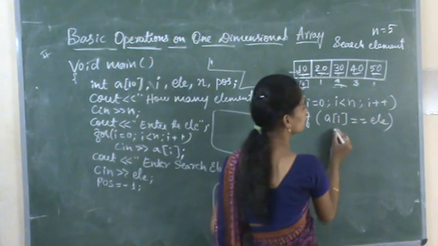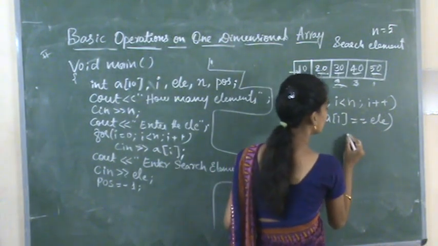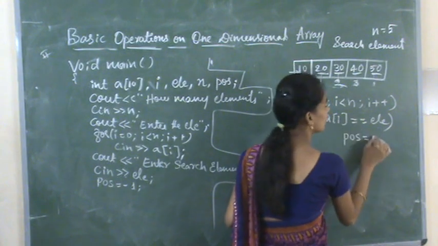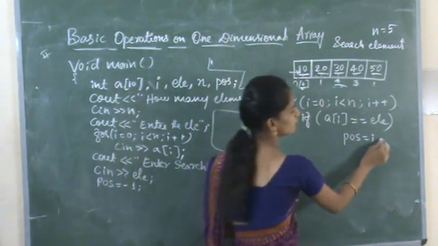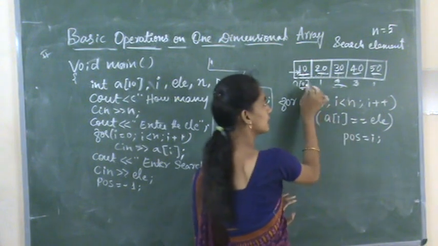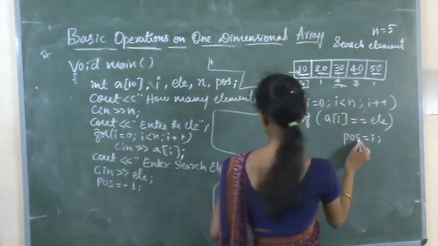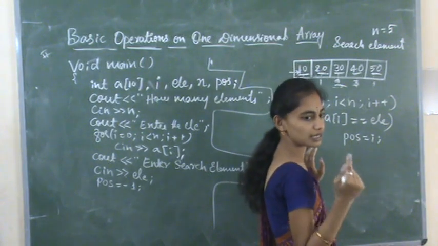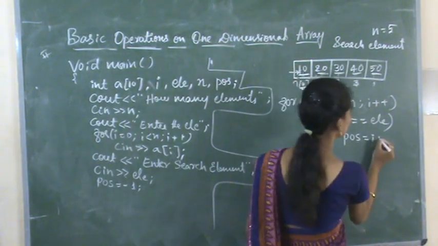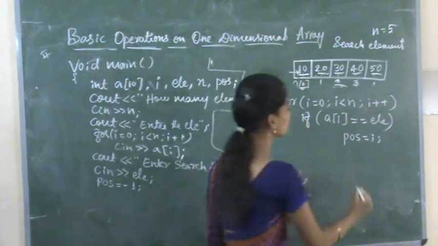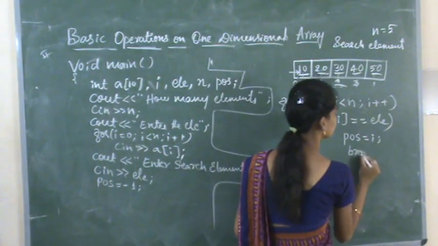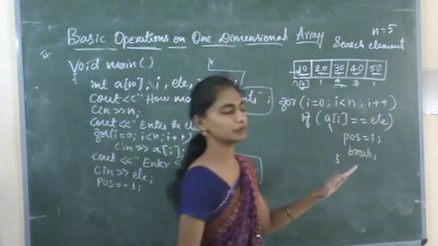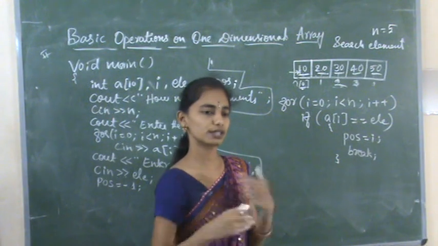If it is true, if it is equal, we assign I to position. I means the index of that array. Position is initially assigned to check the success or failure of a search, right? After this we need to break. If we got the search element, is it necessary to check further?